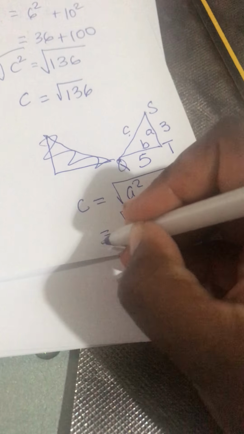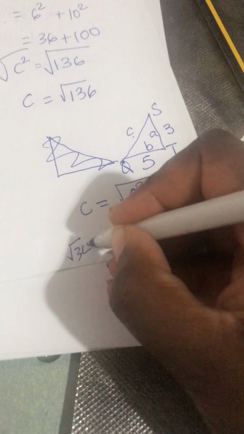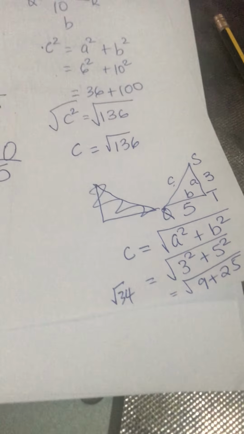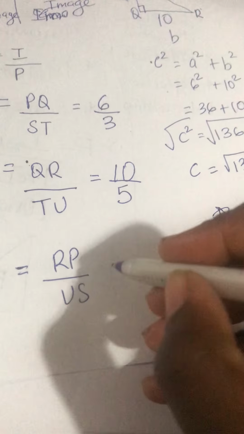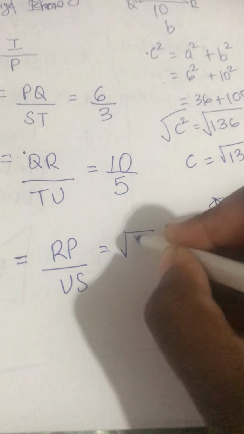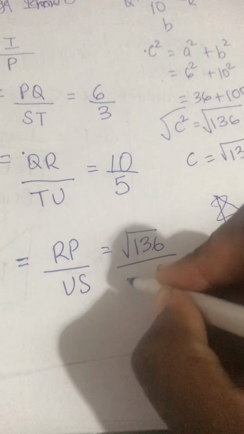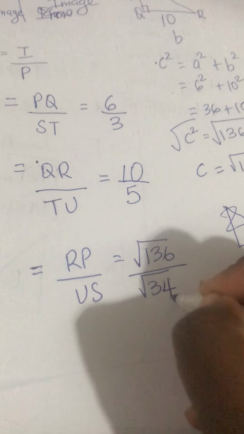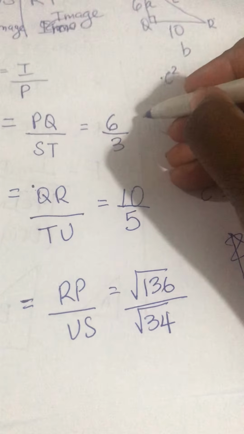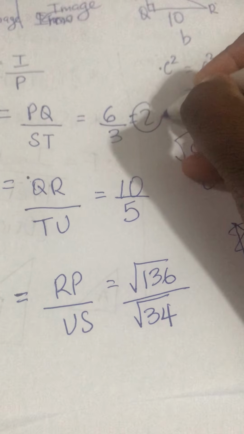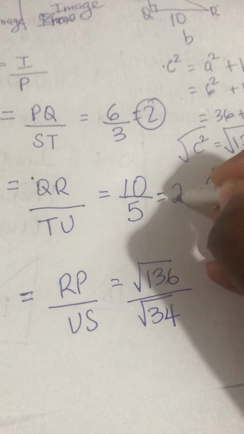So square root of 34. Okay? So square root of 136 over square root of 34. All right. This should give me 2.